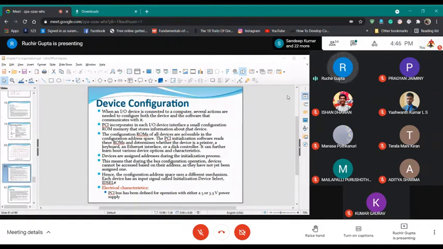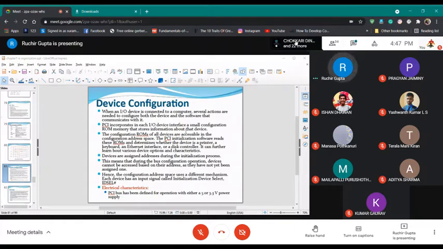In response to that, the address is assigned, and along with the address, a priority is also assigned, because it's a device. On the basis of priority, it is decided which interrupt pin it has to use. There are many interrupt pins, so depending on priority, what kind of interrupt it can make, a priority will be assigned, and an interrupt pin will be assigned to that.